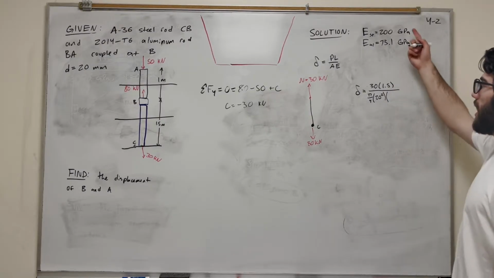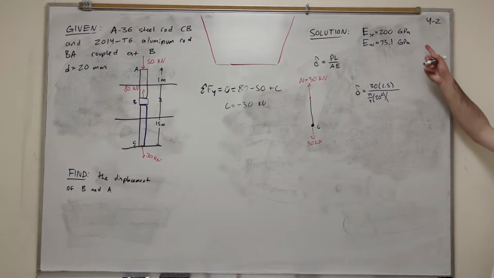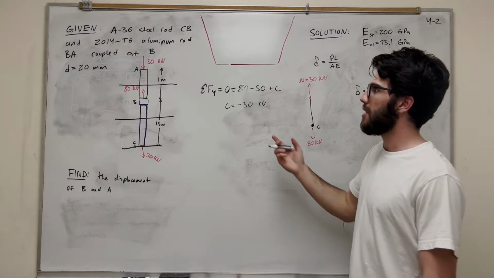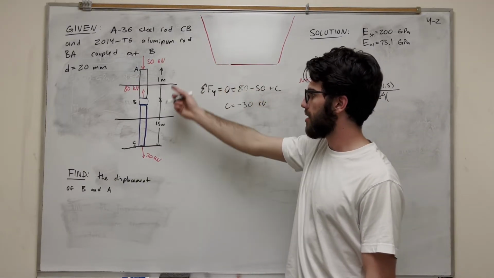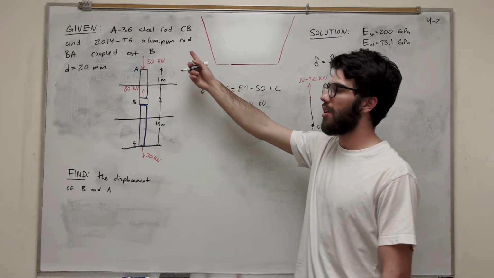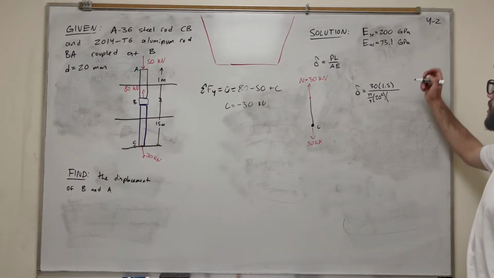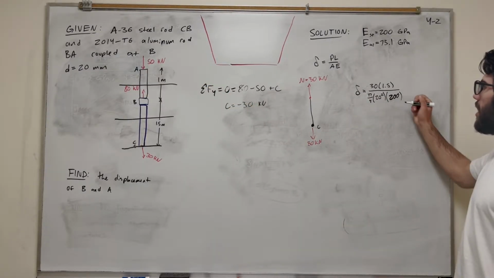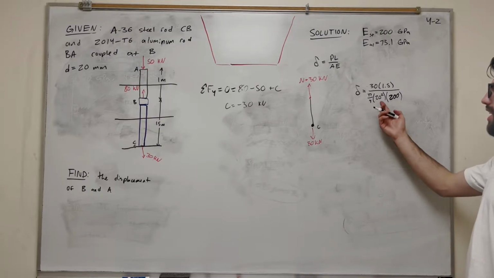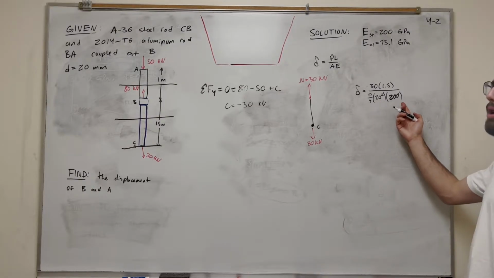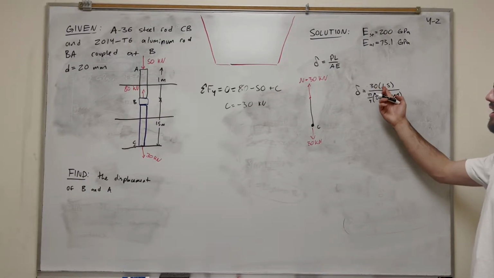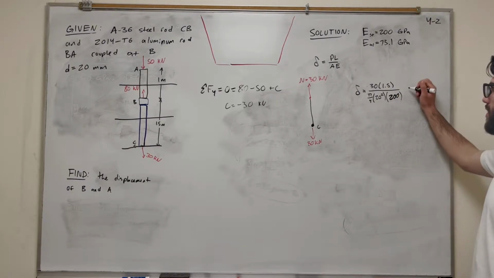And then we need to multiply it by our elasticity. This is CB, so it's that steel rod. So we're using the steel elasticity, which is 200 here. Now our units are going to cancel out because we're going to have 10 to the negative 6 times 10 to the 9th on the bottom. And on top we have the kilonewtons, so it's going to cancel out and just give us length in meters.